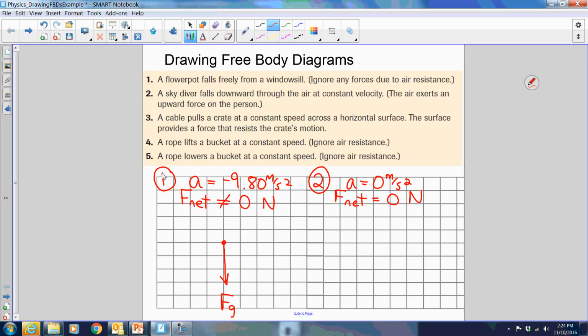Well, there are only 2 here. So we have the force of gravity. Let's say I'm going to draw that as down 3 boxes on my graph paper here. And then also the force of air resistance, which I would draw pointing up because that's the only way to get the gravity force to cancel, right?